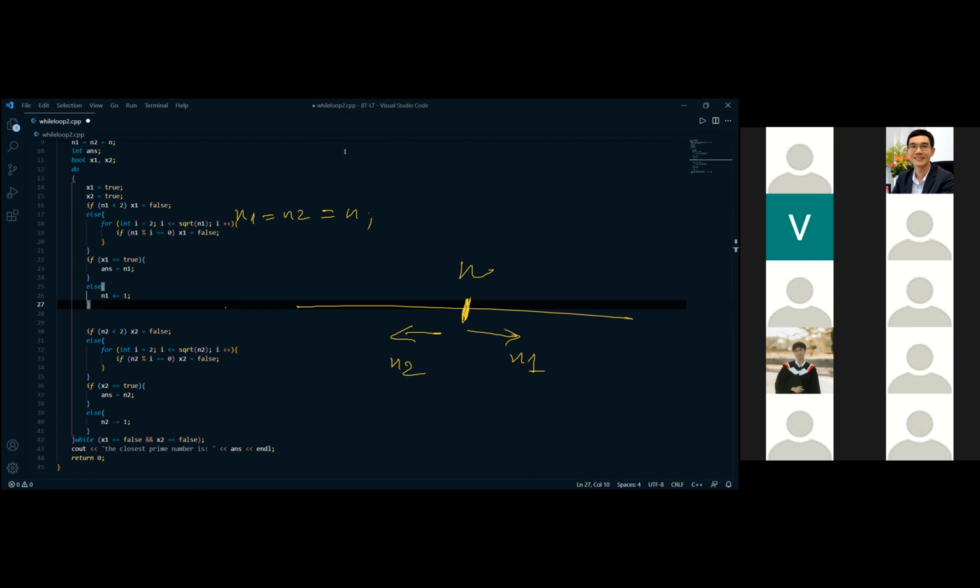Đình Tùng asked if we can use Eratosthenes. Yeah, you can use it, but you haven't learned how to store them yet. We will use it later, not now, because we haven't learned how to store a lot of numbers beforehand. It could be applicable once you have learned how to store them in an array, which we will learn in the next few sessions. But for now, we cannot do it without knowing how to store those numbers.